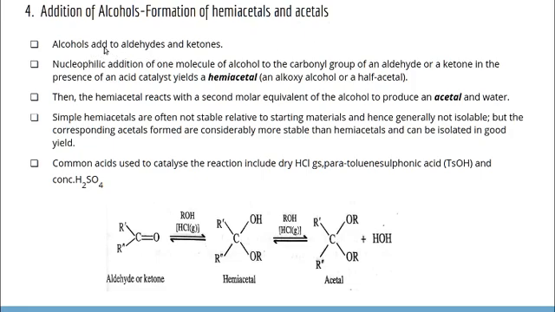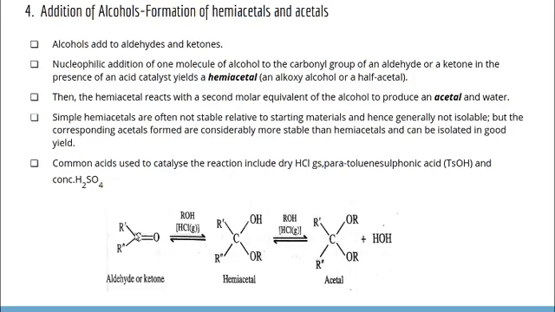Nucleophilic addition of one molecule of alcohol to the carbonyl group of an aldehyde or a ketone in the presence of an acid catalyst yields a hemiacetal, an alkoxy alcohol or a half acetal. Then the hemiacetal reacts with a second molar equivalent of the alcohol to produce an acetal and water.